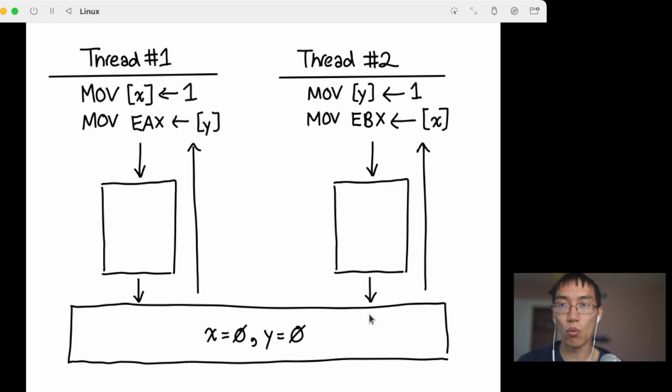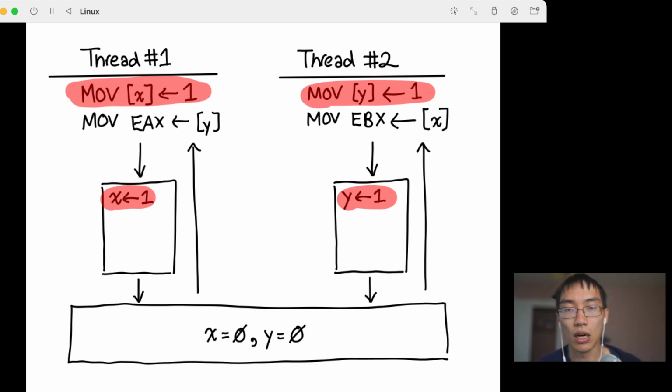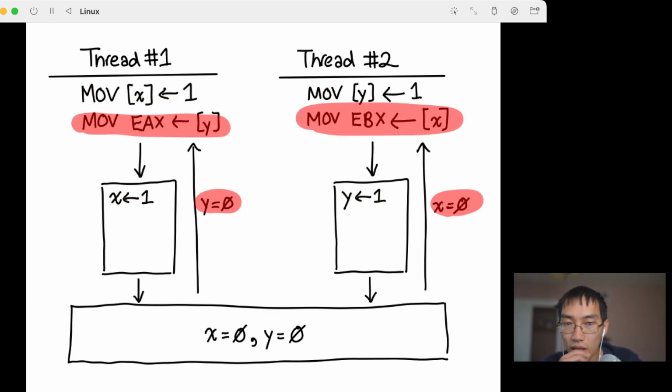Not so, though, when you are in the total store order model. So let's look at what this code does in TSO. In TSO, we can buffer the writes to x and y on both of the threads, so they don't go to main memory. Instead, they are hanging out in the buffers in question. Then I can go ahead and do a read.